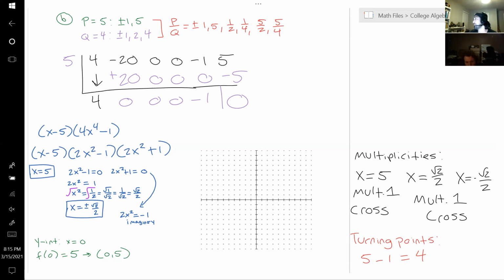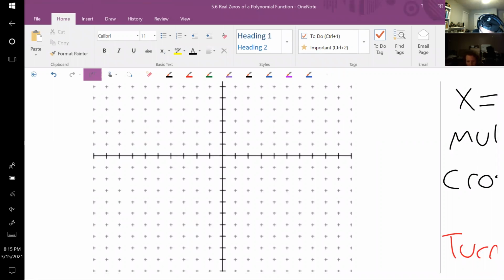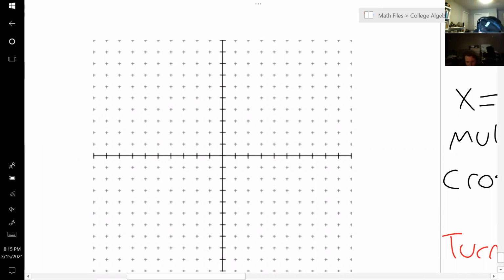What is the decimal number for square root 2 over 2? It's like 0.7 something. Yeah, 0.71. All right, so let's go ahead and graph these. Positive 0.71, which I'll put around here. Oh, it's not even big enough.